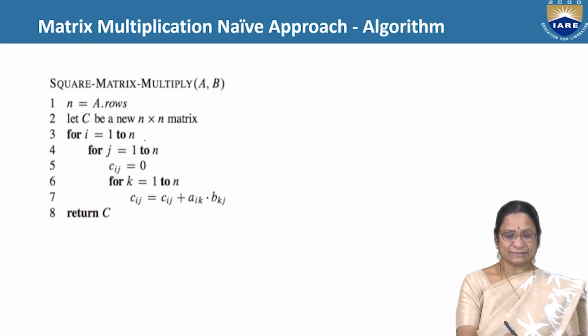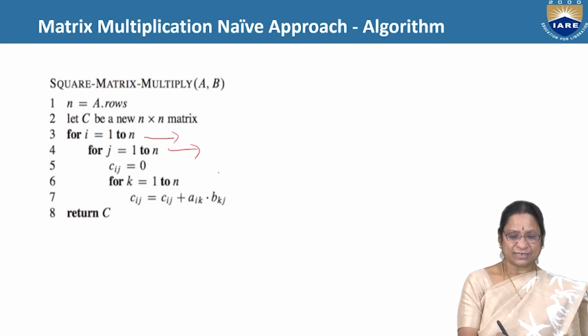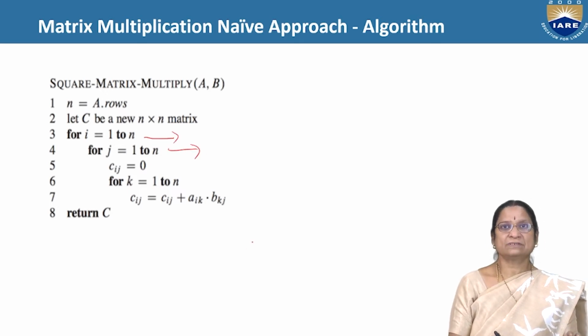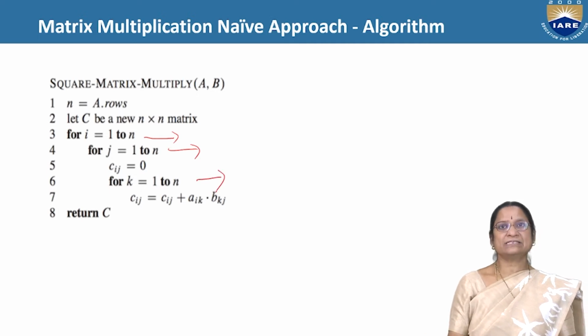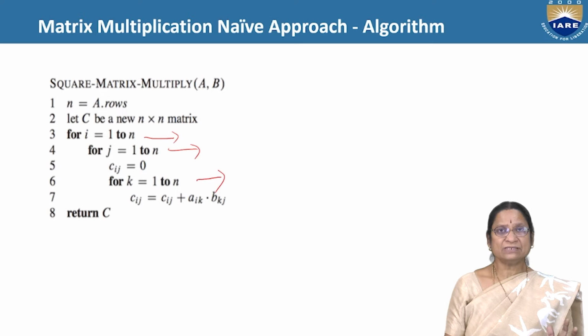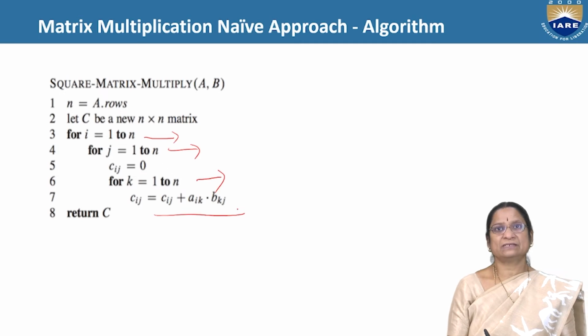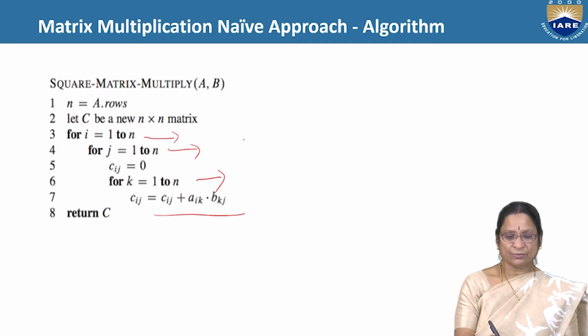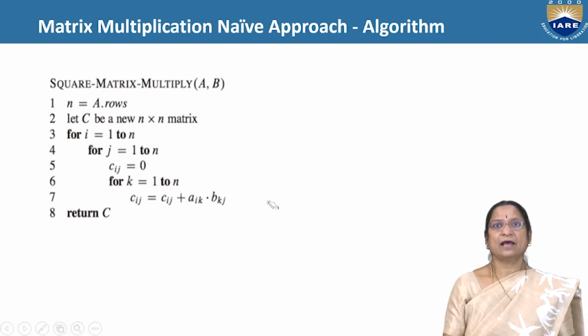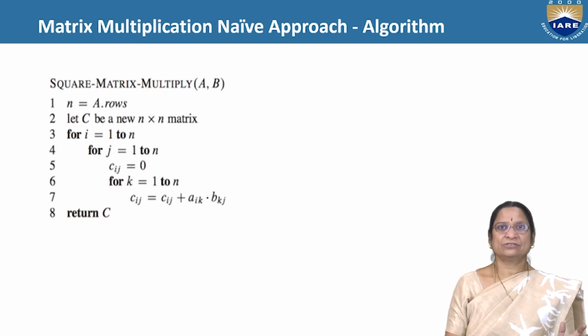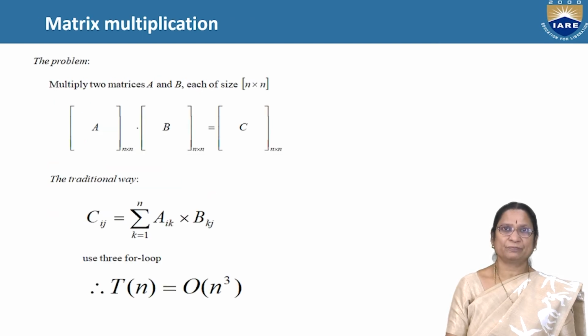In this algorithm, i represents rows, j represents columns, and k runs over the columns of A and rows of B. If you observe this algorithm, there is a nesting of three for loops. So the complexity is order of n cube, even by the normal tabular method.